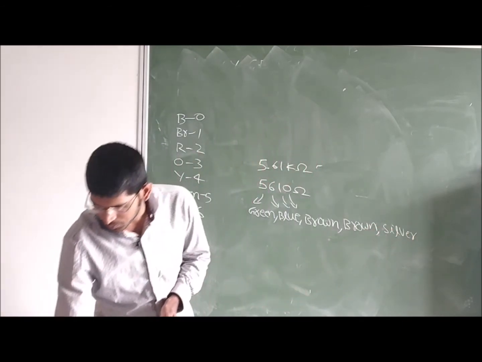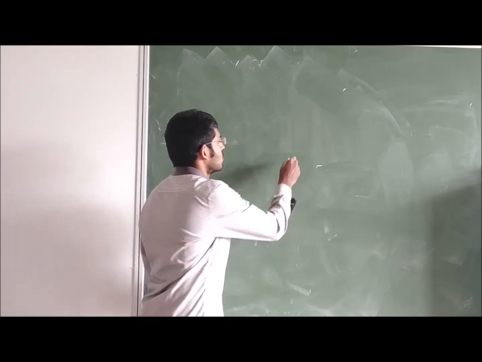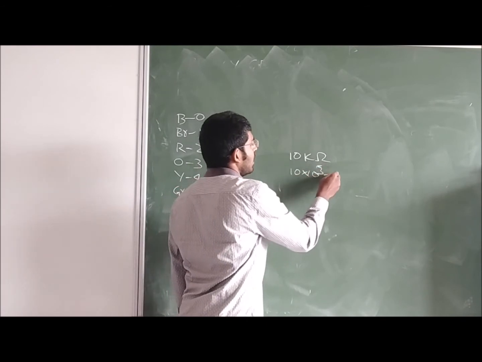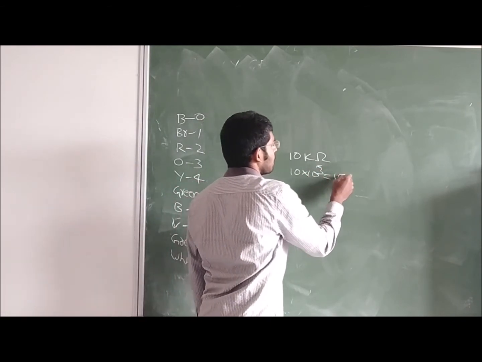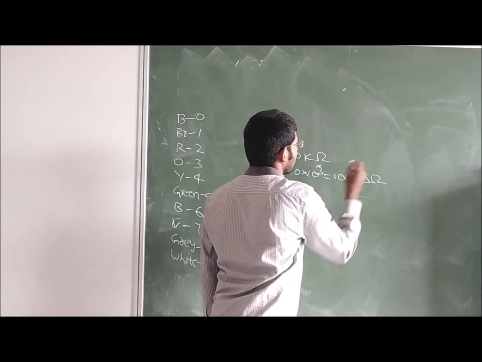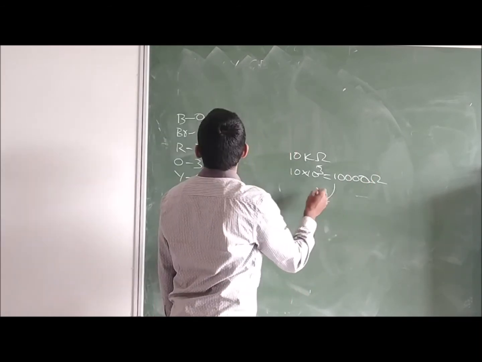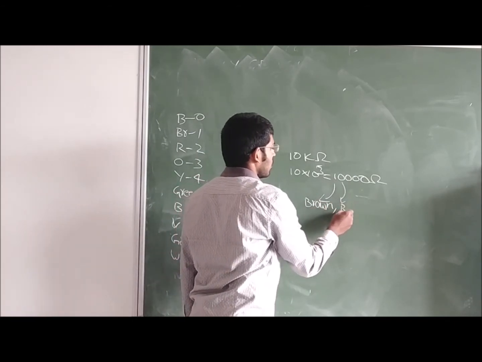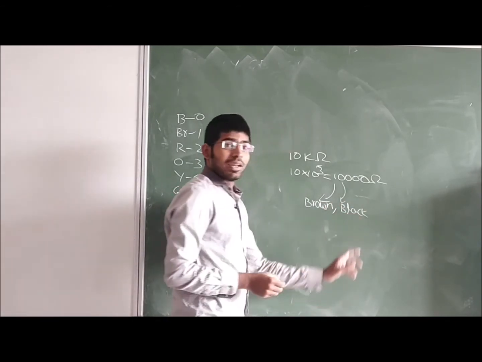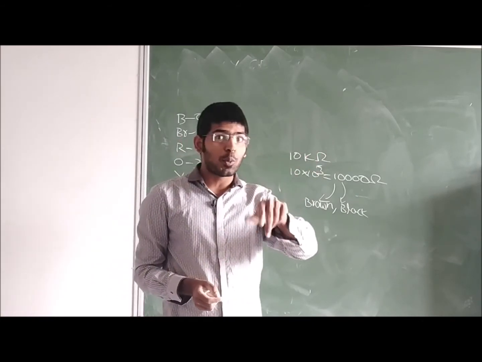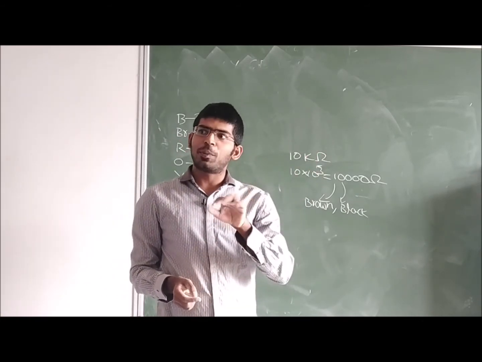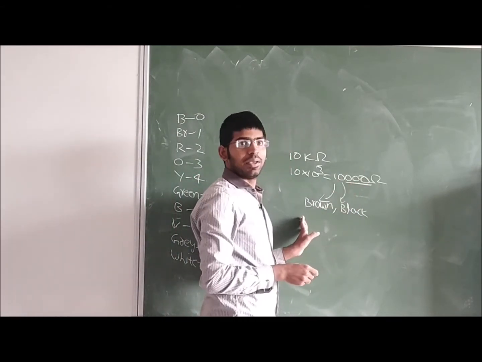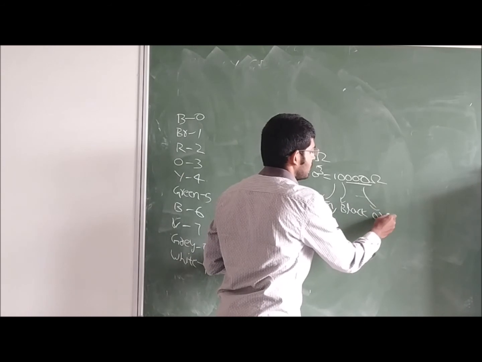Okay, what is the next value? 10 kilo ohms. 10 into 10 to the power 3 is equal to 10,000 ohms. Remember, this can be represented either by using 4 band or 5 band. Now we will represent by using 4 band: 1 brown, 0 black, into 10 to the power 3 orange.